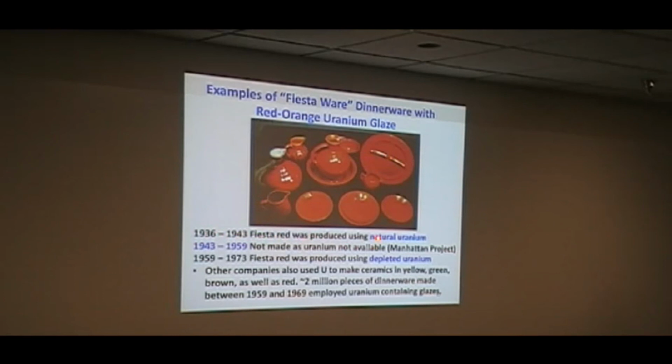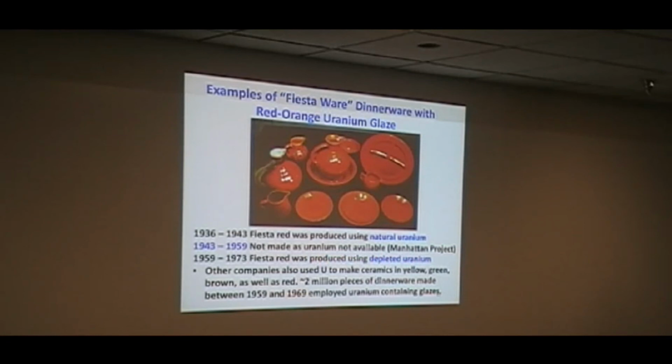This was made using natural uranium. Natural uranium has the 235 isotope, the fissile material that was used in the first atomic bomb. Well, during the Manhattan Project, you couldn't get uranium, because the Manhattan Project took away all the supply. But in the late 50s, the company went back and started using depleted uranium, uranium without the 235 isotope.